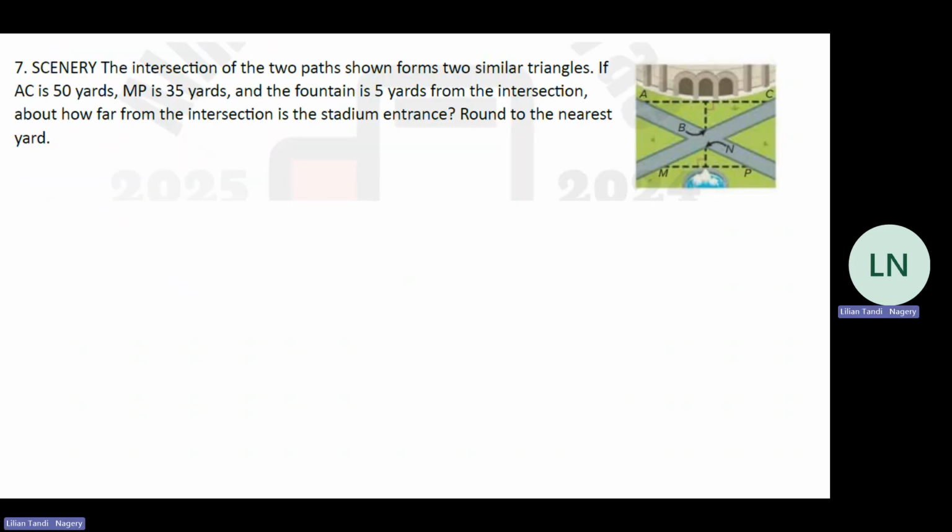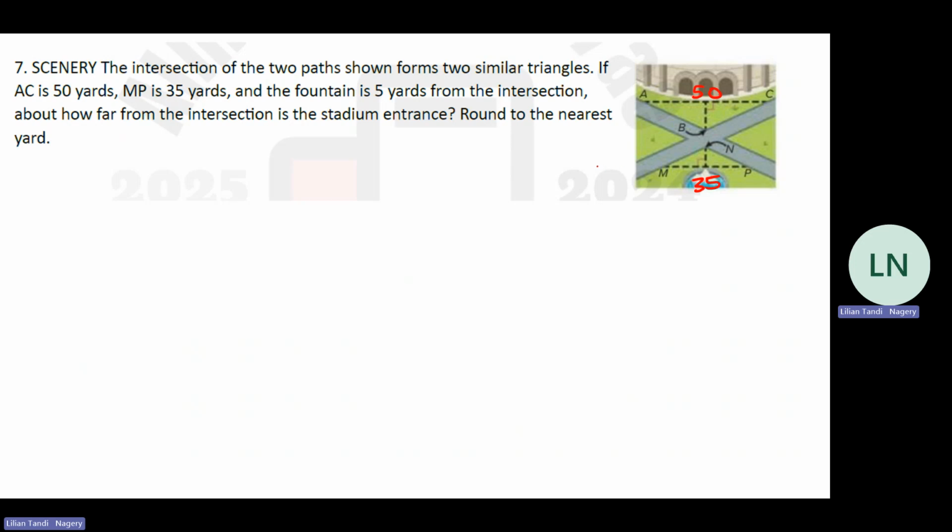Then I read the intersection. The intersection of two paths shown form two similar triangles. AC is 50 yards, MP is 35 yards.